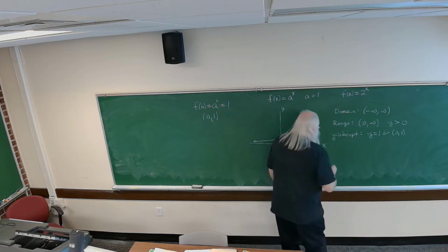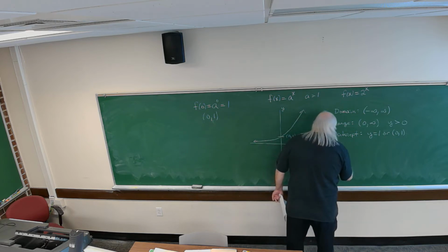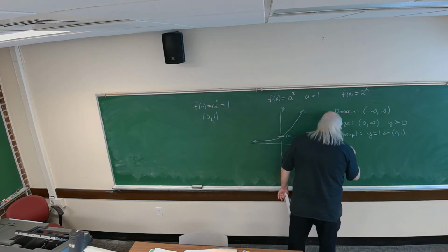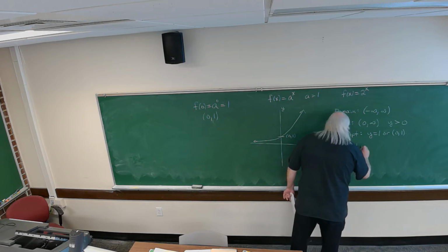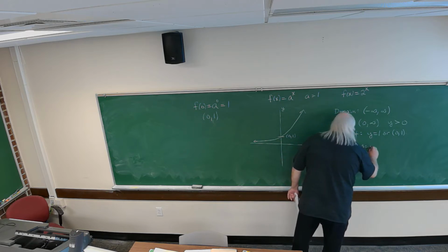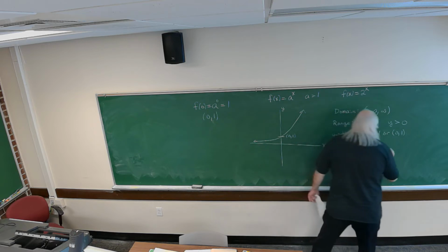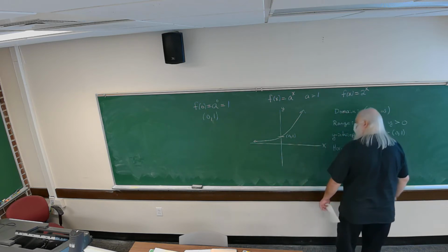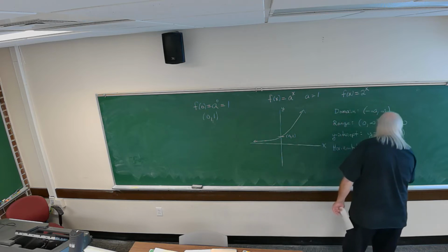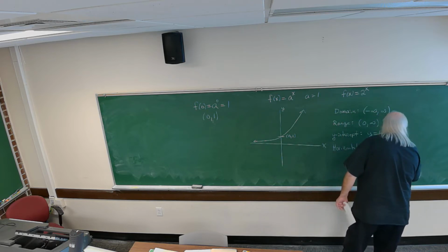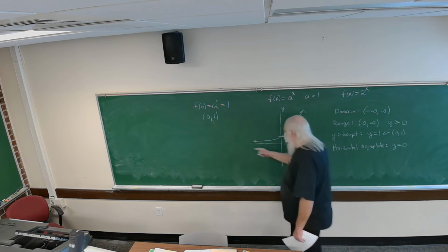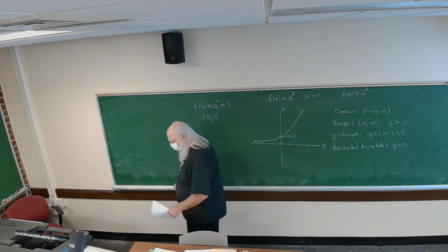And then HA stands for horizontal asymptote. And as I said, the x-axis, which is the horizontal line y equals 0, is the horizontal asymptote right out here on the far left.